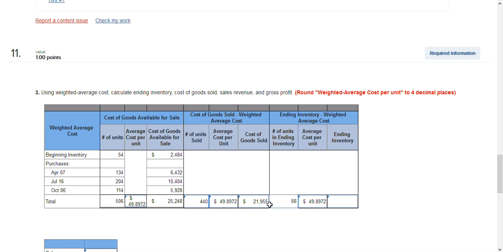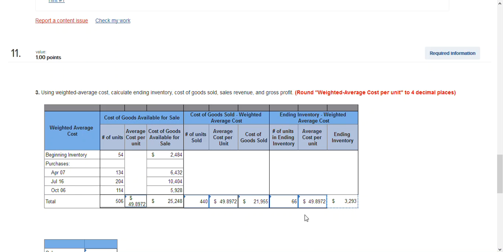It looks like it's going to round itself. So hopefully that won't give you an error for rounding. And then 66 times 49.8972 looks like $3,293 on that one.